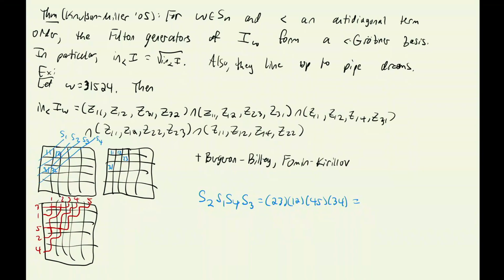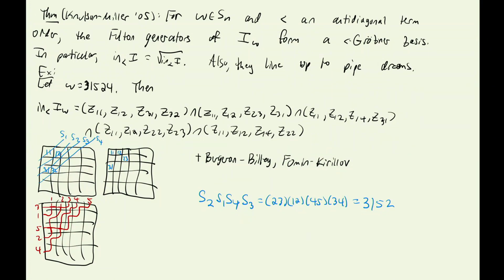So let's see, 1 goes to 2, 2 goes to 3. So 1 goes to 3. Now I'm going to write it in one-line notation so we can check. 2 goes to 1 and it stays there. 3 goes to 4, 4 goes to 5 and it stays there. 4 goes to 3, 3 goes to 2.